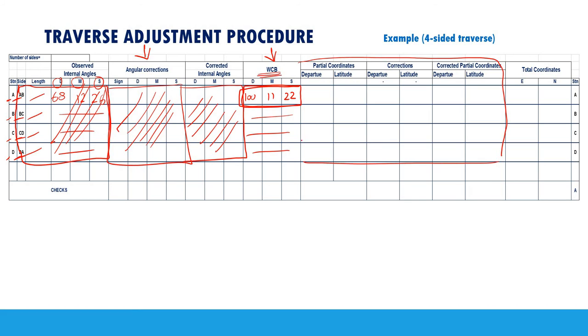You are going to calculate the departures and latitudes values here, and then the correction for the departure and latitude, and then the corrected values, and finally you are going to calculate the final coordinates, easting and northing, of each station B, C, D, because we've been given the coordinates of station A to be in this case 900 and 800 meters.